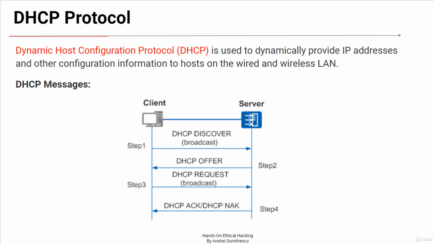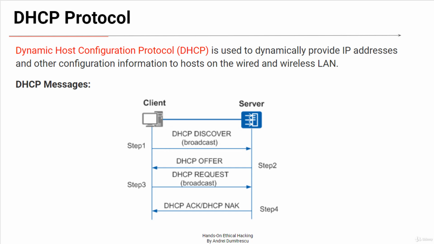When a device is turned on and connected to the network, if it's configured to use DHCP for its network configuration, it will send a request to the server called DHCP Discover. This first message is a broadcast one, and that means that any host on the network will receive it. Maybe there are more DHCP servers, and each server will respond back with an offer.